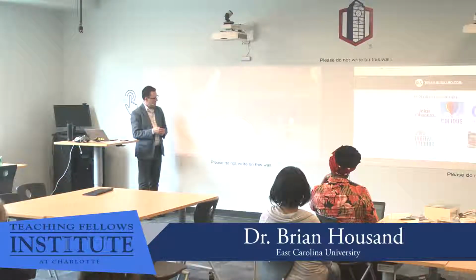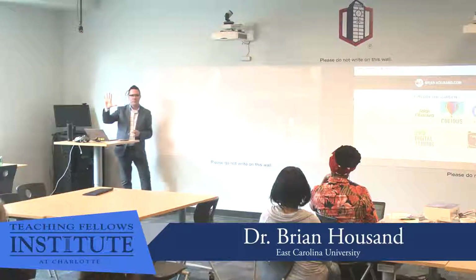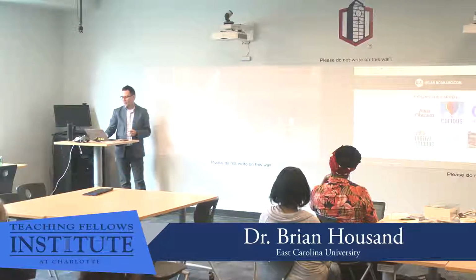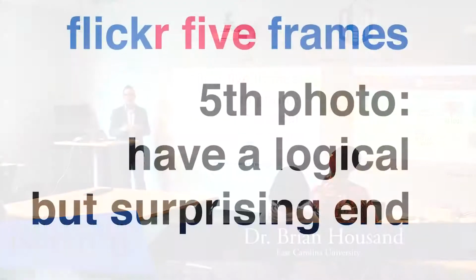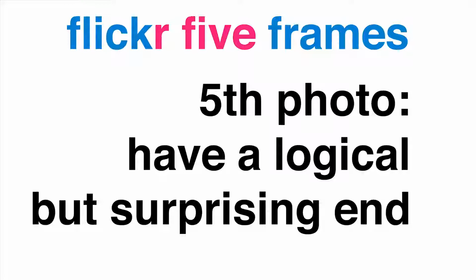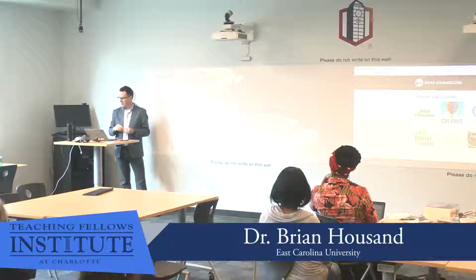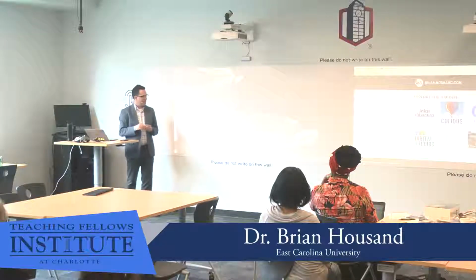Poor Humpty. But this is called Flickr 5 frames and not Flickr 4 frames. So the fifth photo is going to have a logical but surprising ending. Here's our dark twist, in which the king's men have Humpty for breakfast.